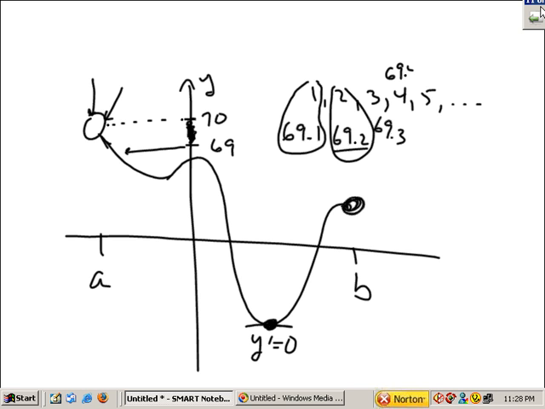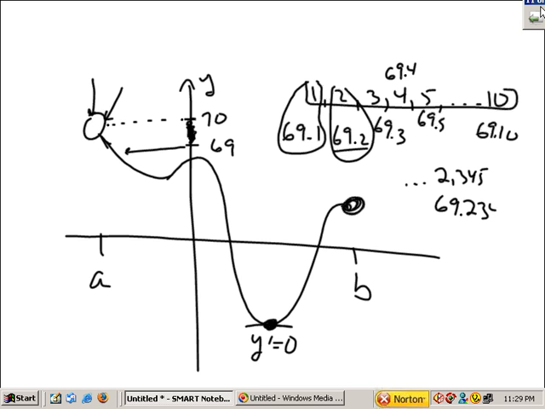And then 69.4 and 69.5. And eventually you get up to 10. So we'll call it 69.10. And eventually you'll get to 2,345 on this list. So, how about 69.2345?